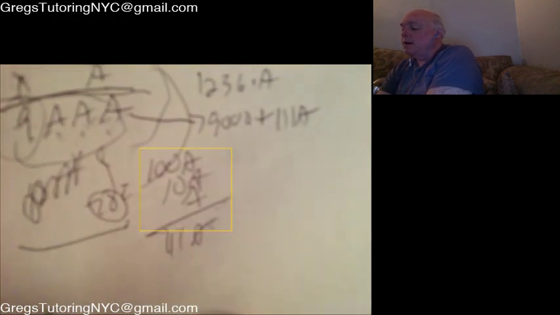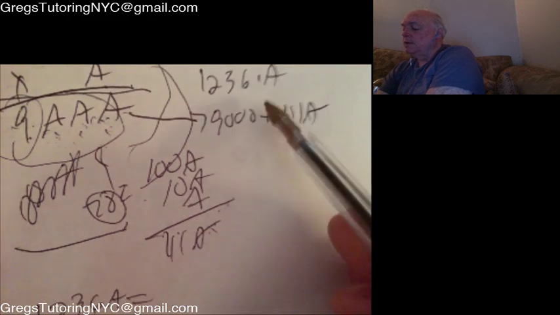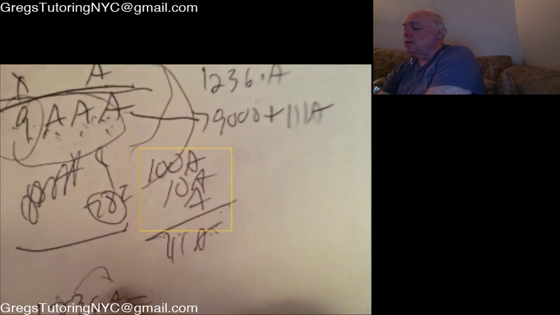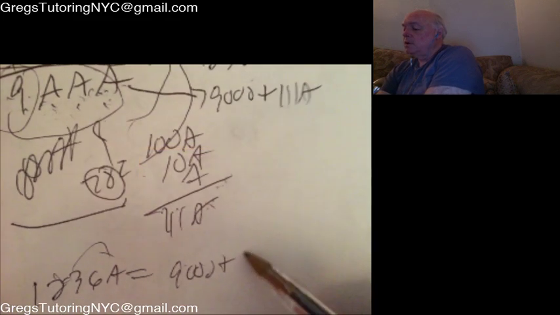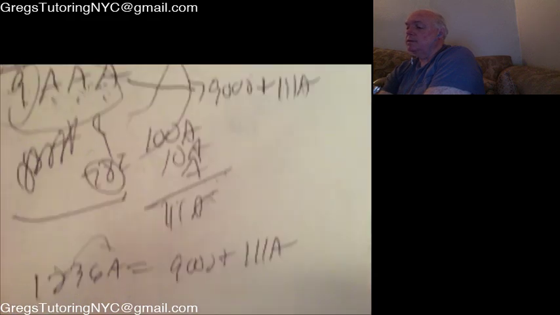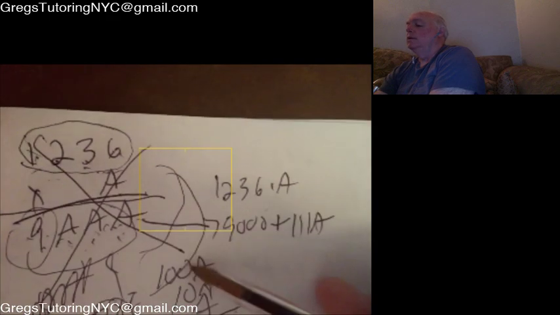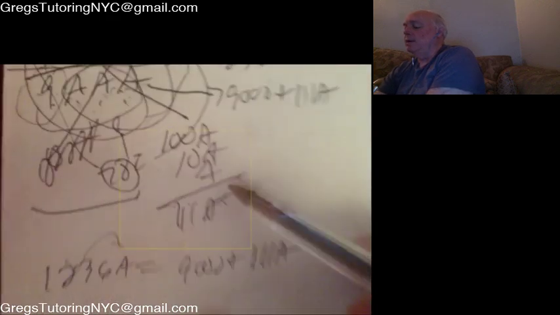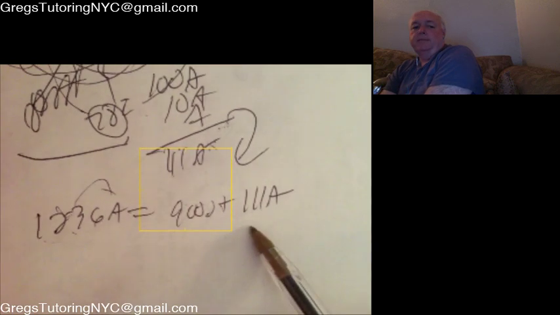Let me rewrite it over here. 1,236 equals, and I'm getting rid of the dot because it means there's just that many of them, 9,000 plus 111 A's. So now we've thrown this out the window. We've redefined the problem into this, and this is just a normal algebra problem now.